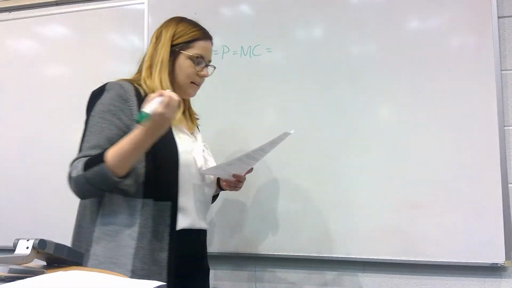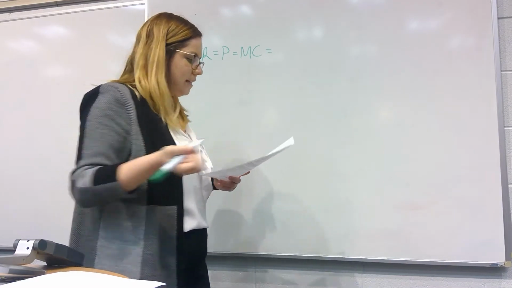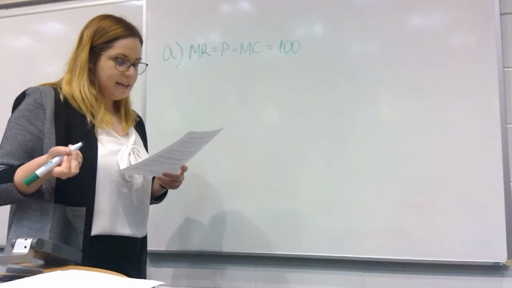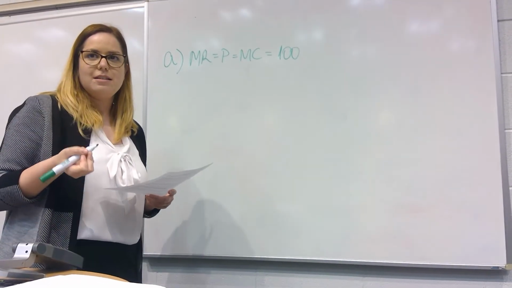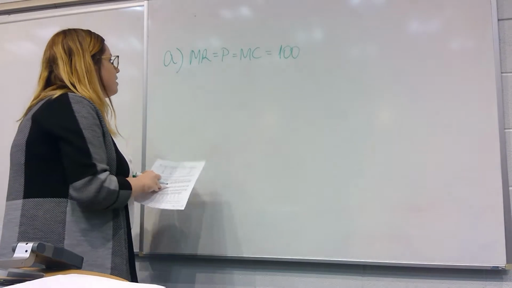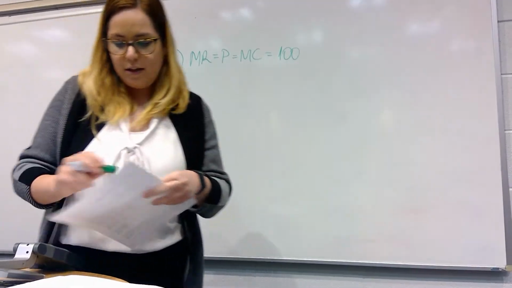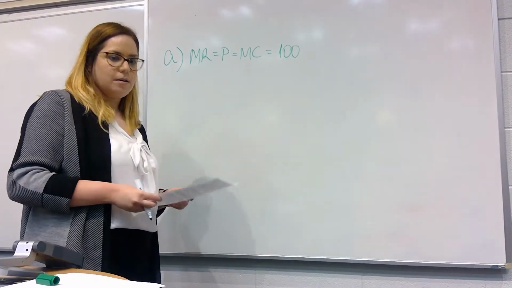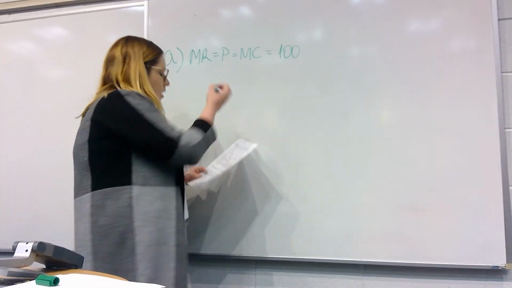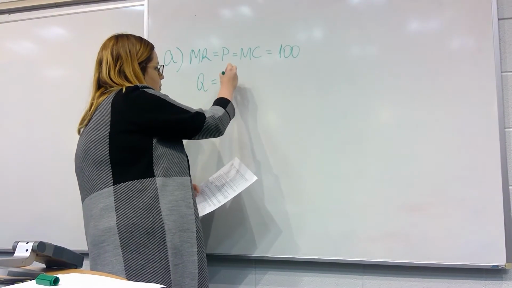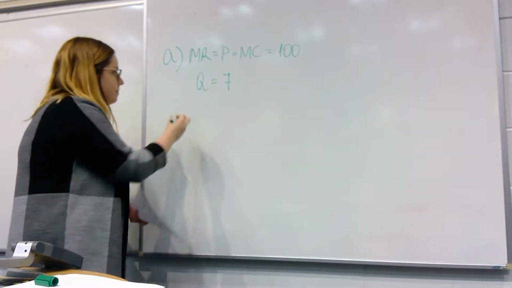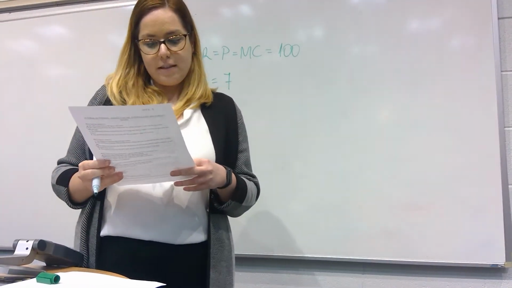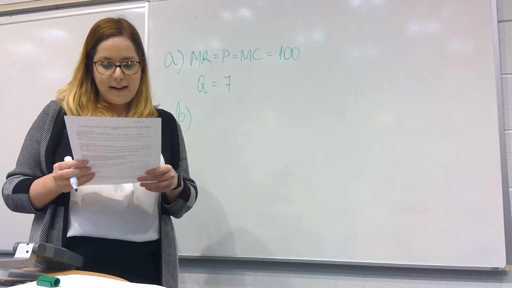So if we consult our table, that would be 100, and the quantity that matches 100 is equal to 7. So you have the table in your tutorial question sheets that are available on the Blackboard. So the quantity would be equal to 7. Under B, we have what is the socially efficient level of output.